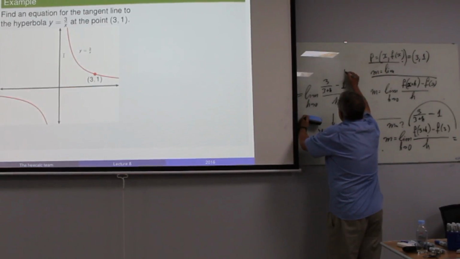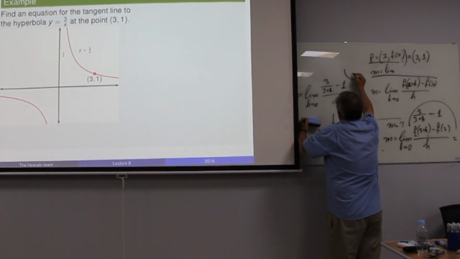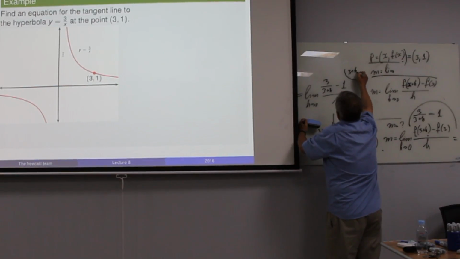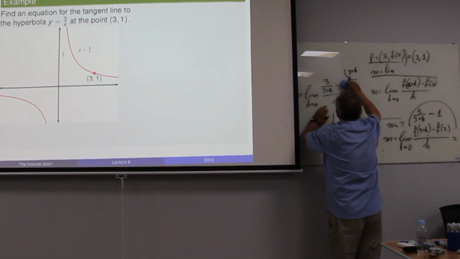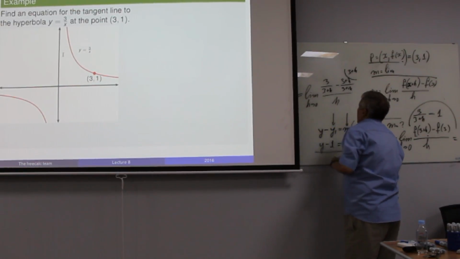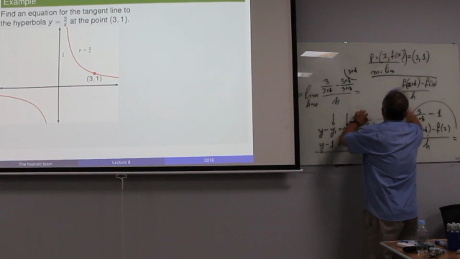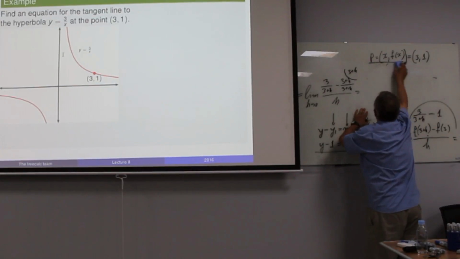So now, what should we do? Let's try to work it out. Instead of minus 1, we can write 3 plus h over 3 plus h. Now what do we get next?